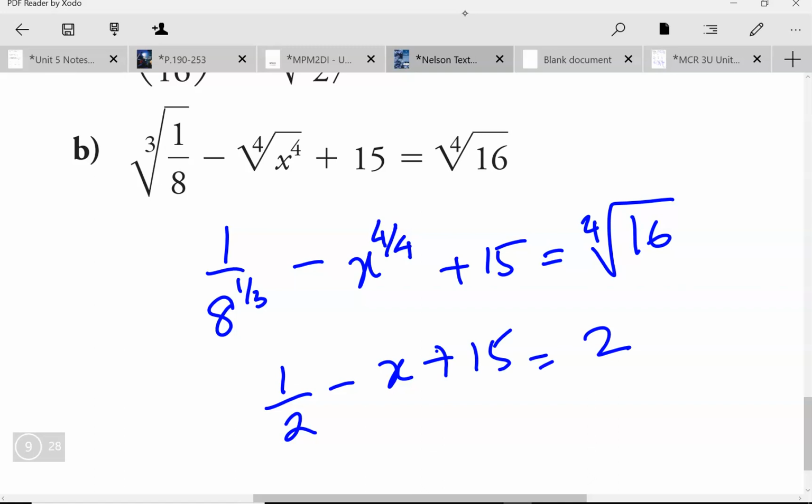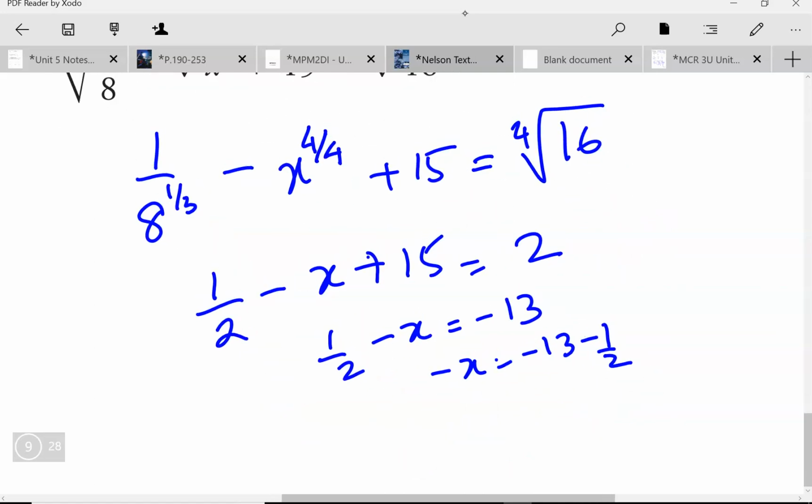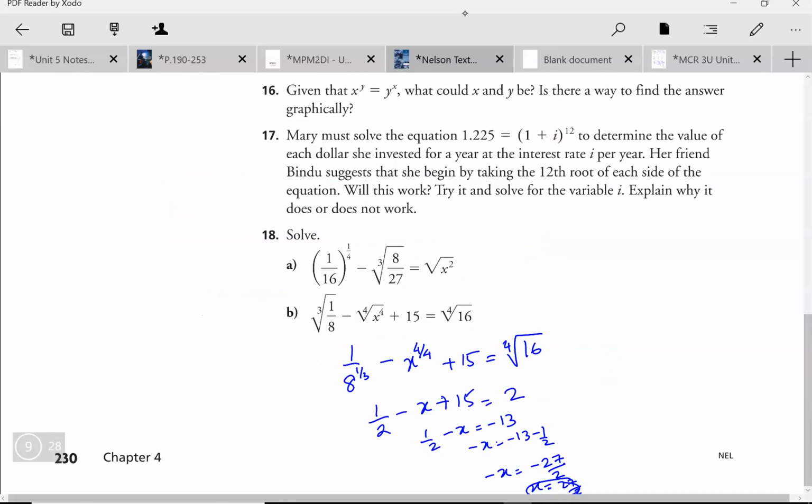Then I just move stuff around. 1 over 2 minus x equals negative 13. Negative x equals negative 13 minus half. That's negative 13 and a half. So negative x equals negative 27 over 2. So x equals 27 over 2 should be my answer.